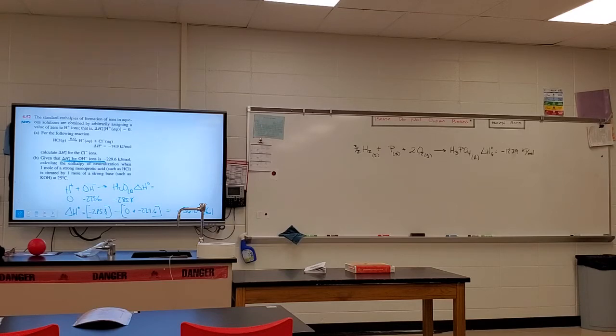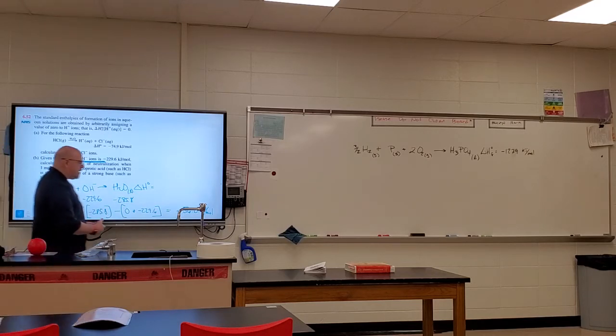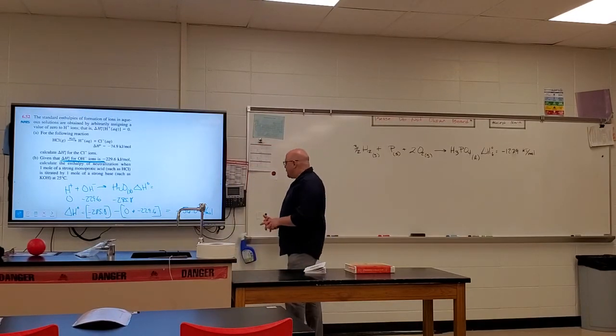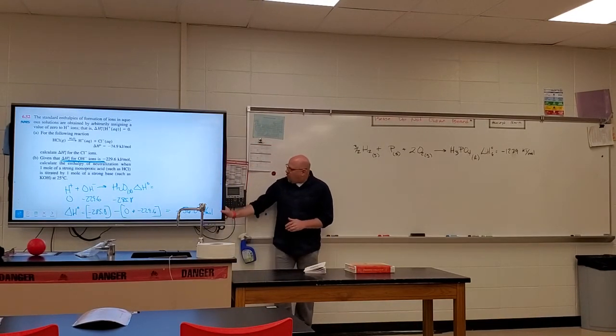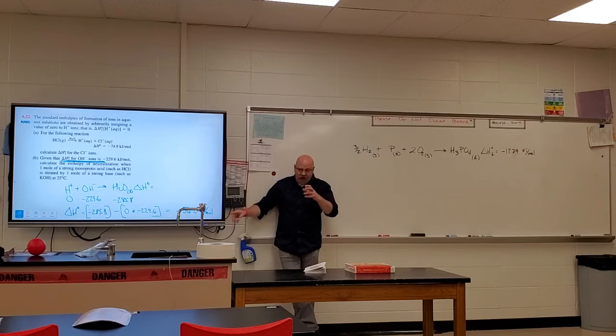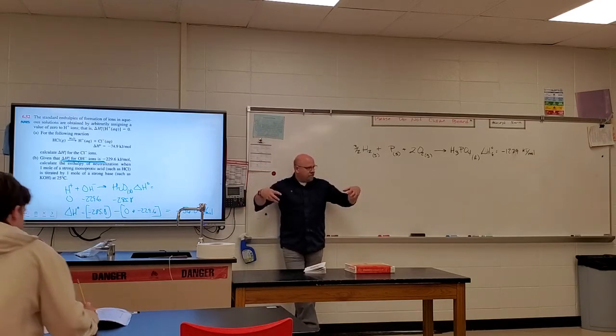And I just did the net ionic equation, right? The net ionic equation for any strong acid, strong base is going to be the same, it just does not matter. There would be variation with this, caused by the other things that are involved.